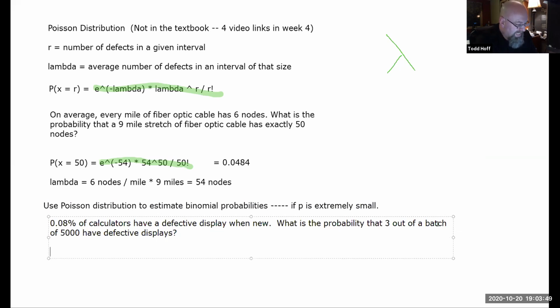We can use the Poisson distribution here. Lambda will be 0.0008. That's the 0.08% as a decimal. We have to move the decimal 2 spots. Times 5,000. That would give us an average of 4 defectives out of 5,000.